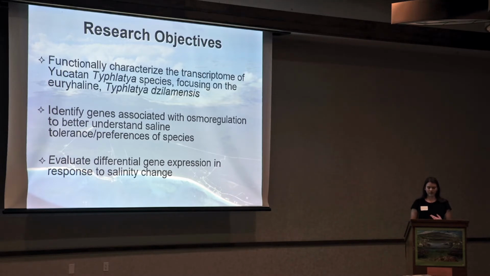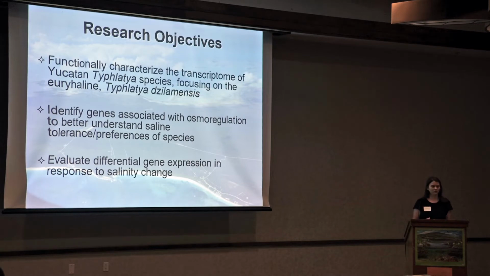From there, we would identify genes associated with osmoregulation, as well as oxidative stress and respiration, to get a better understanding of the tolerance and saline preferences of the species. Lastly, we wanted to evaluate differential gene expression in response to salinity change within the species.